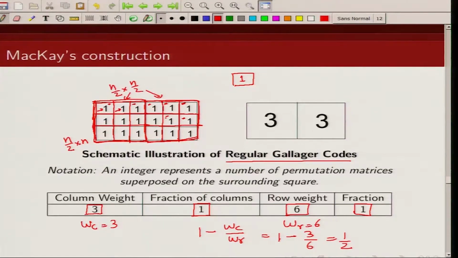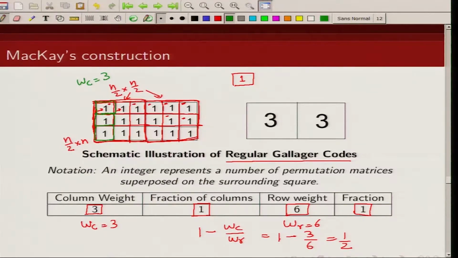Note that we need a column weight of 3. If we stack 3 permutation matrices like this, each of these permutation matrices has a single 1 in its column, so overall we will get column weight 3.